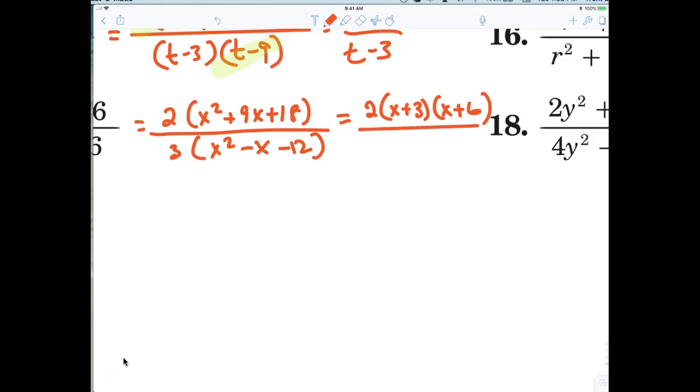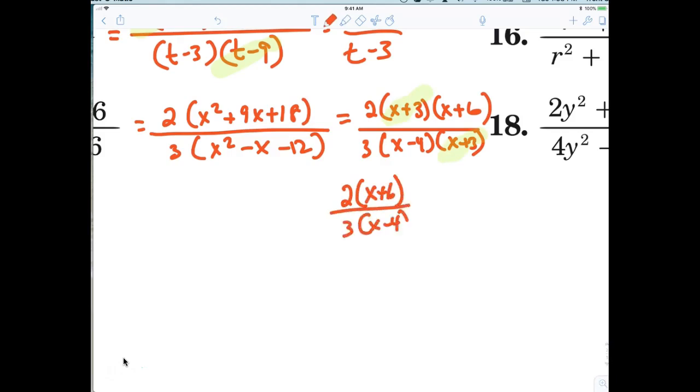The denominator would be what, guys? So what crosses out? Everybody good with that?